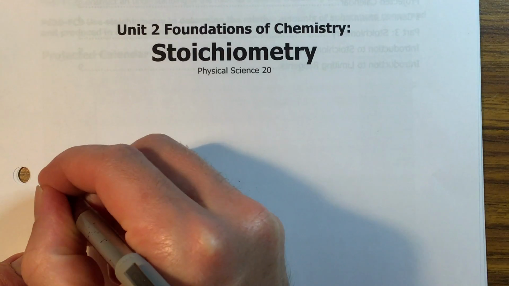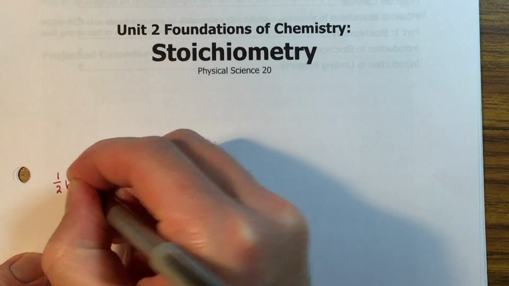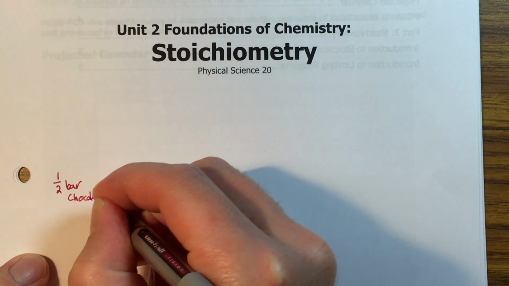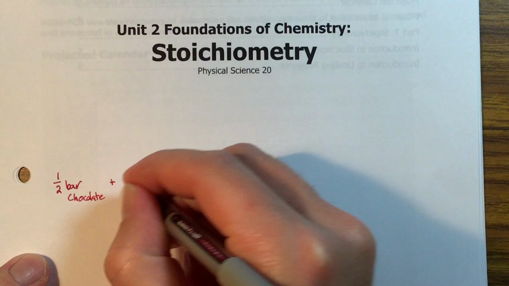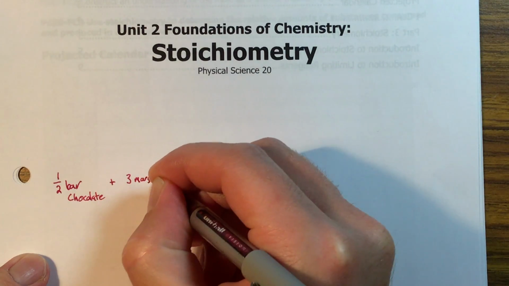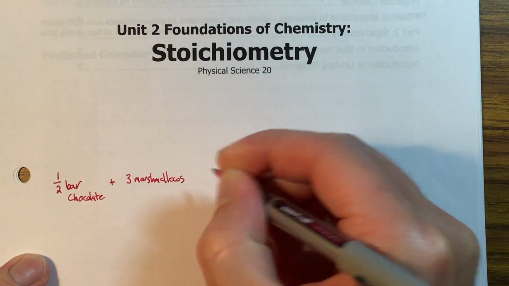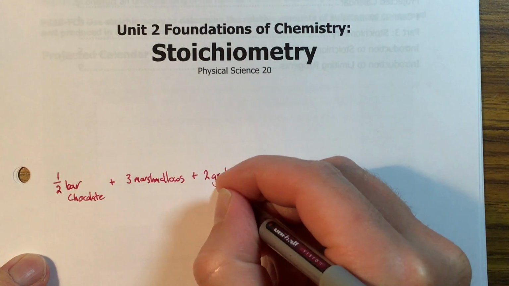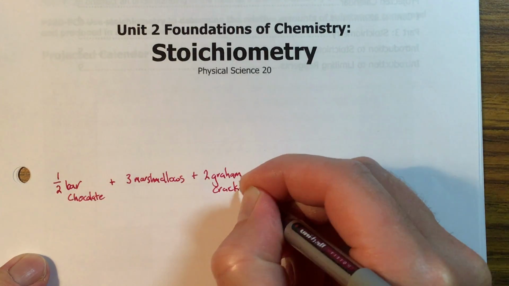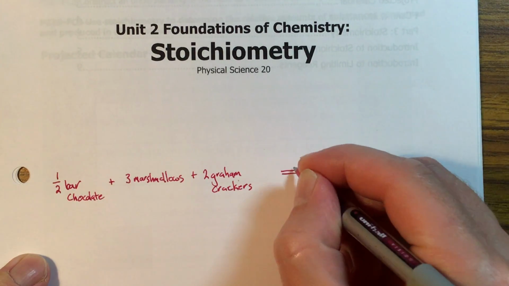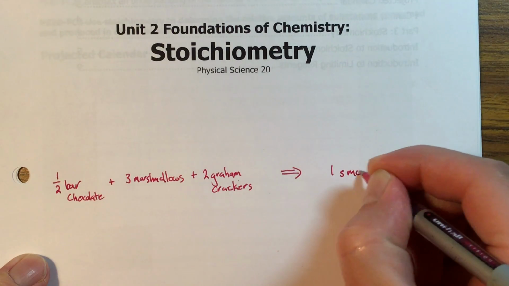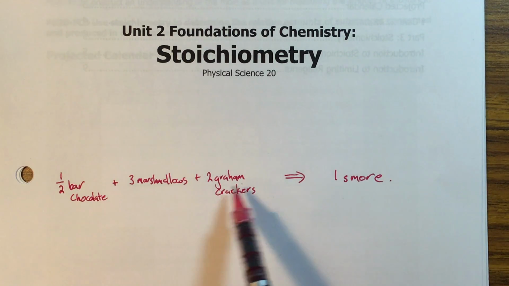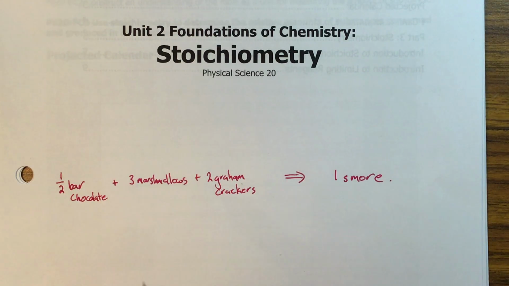We have 1/2 bar of chocolate plus 3 marshmallows plus 2 graham crackers will give us 1 s'more. All right, that's a chemical equation. It's endothermic because we have to apply energy into our reactant side.